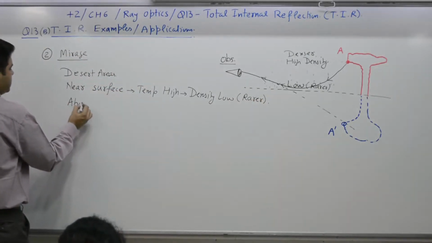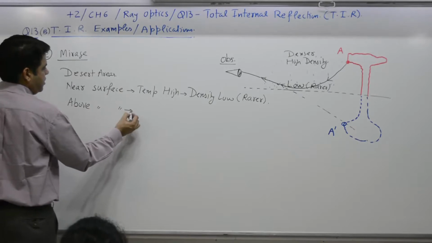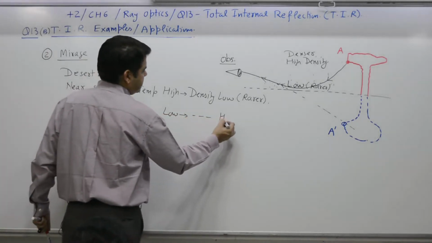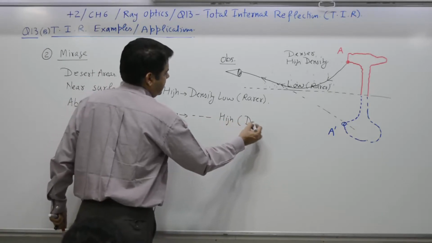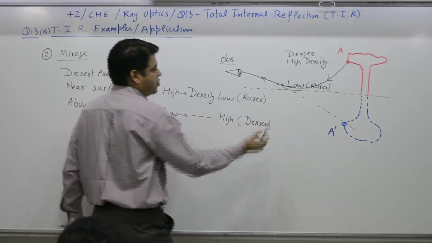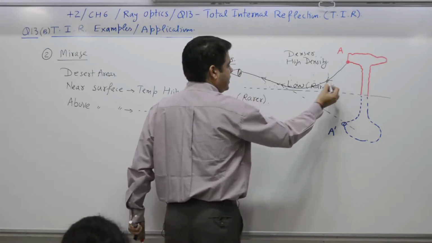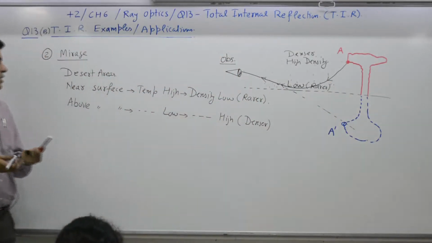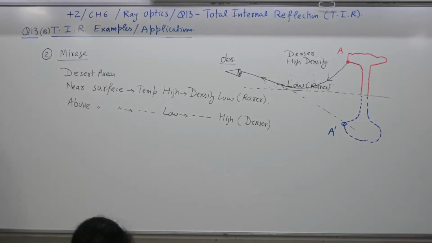Above the surface, temperature is low, density is high, it becomes a denser medium. So the ray moves from denser medium to rarer medium, so it undergoes TIR. Time with you is 2 minutes. Board question, 2 marks: mirage effect.